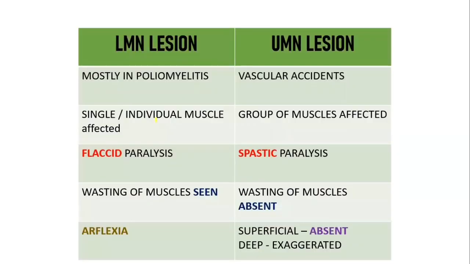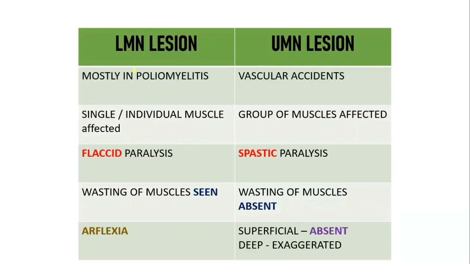Next, practical, very important. Examiners love this question: where you see spasticity, where you see flaccidity, where you see wasting of muscles, where you see loss of reflexes, everything. LMN lesion, UMN lesion. Lower motor neurons are the spinal cord neurons, the anterior horn cells. If they are damaged, that is called a lower motor neuron lesion.